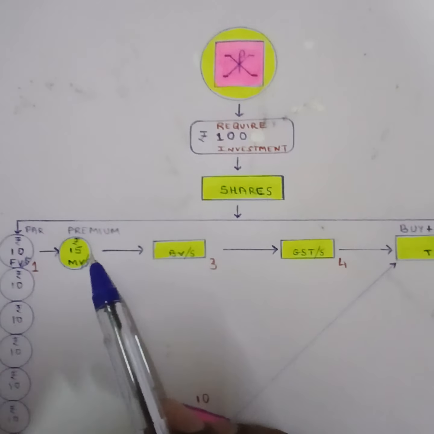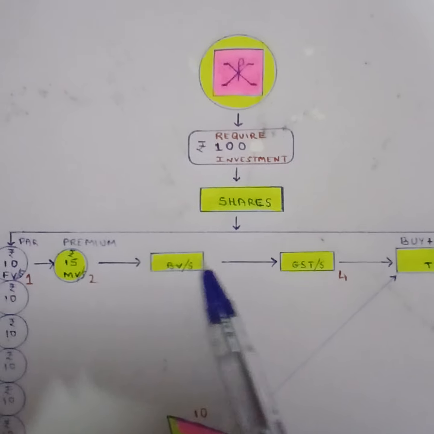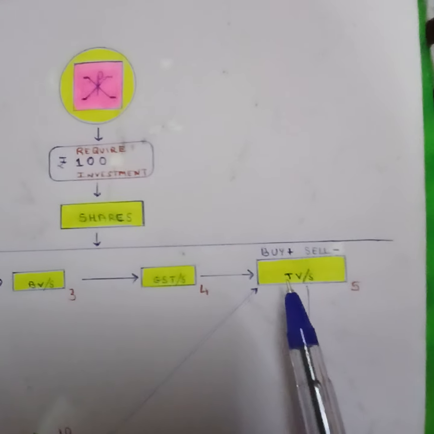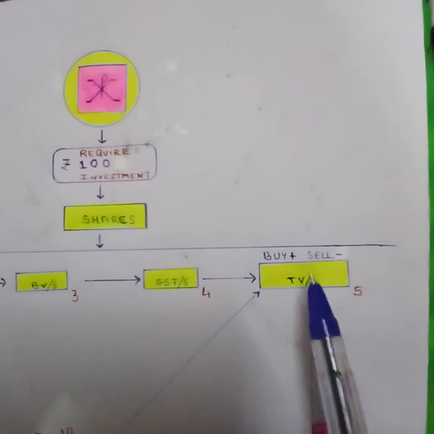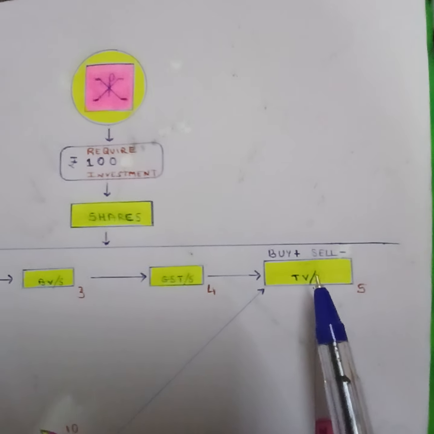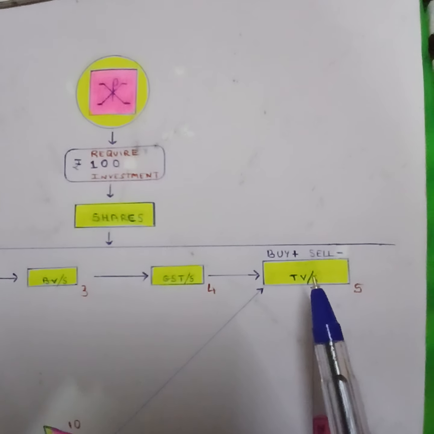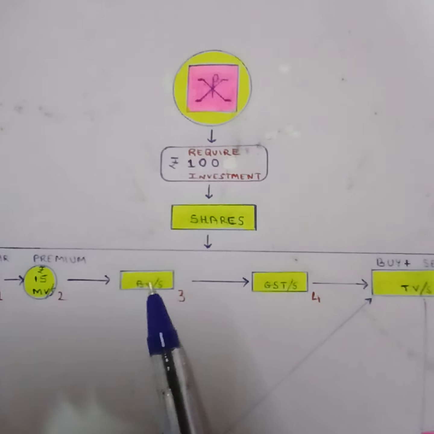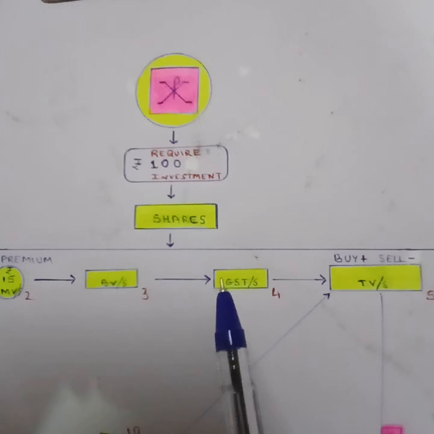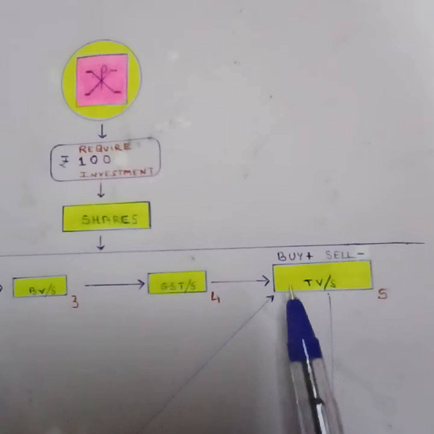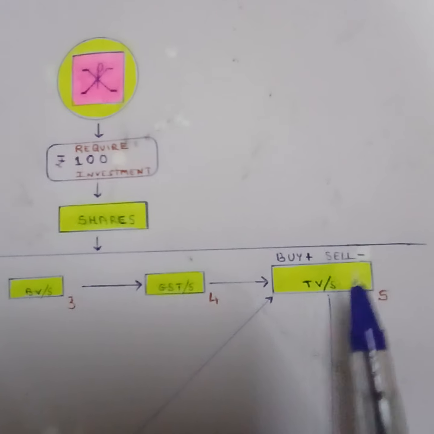Market value, brokerage value, and GST together make the total value of each share when you are buying. And when you are selling, market value minus brokerage value minus GST will give you the total value of each share. That is while selling.